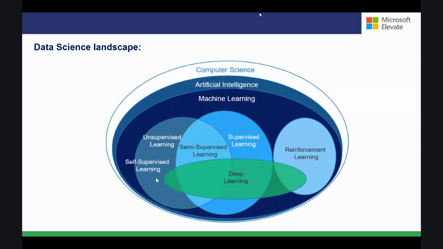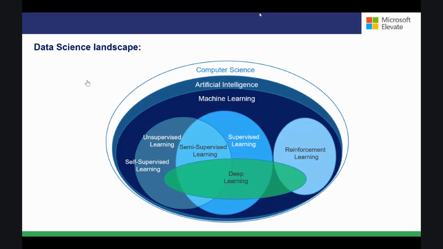So now, computer science, AI, ML, and then self-supervised, unsupervised, supervised, deep learning, all this stuff we'll be covering today. And you will get to know exactly where LLM stands in this. Where is LLM here? There is no LLM, right?